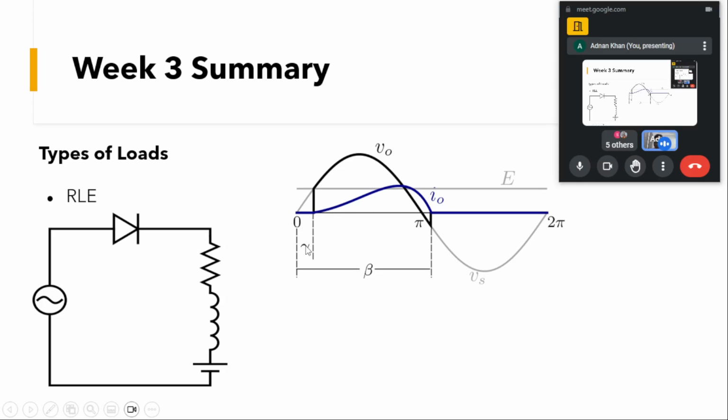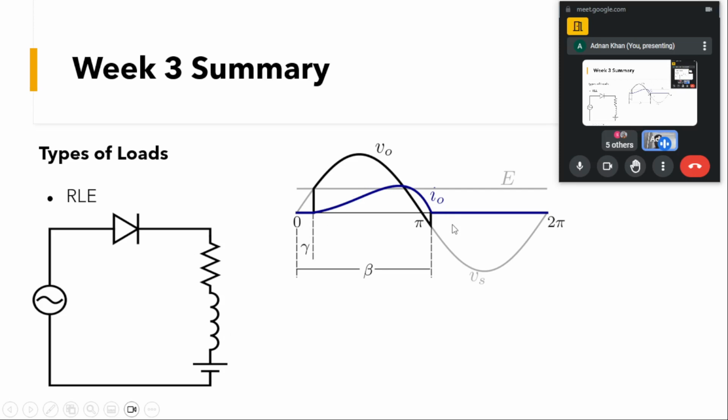After this gamma, our diode will start conducting, and due to RLE we will have this current, and as already discussed, due to the L at the load, we can have a negative part of the current and negative voltage at the output as well.